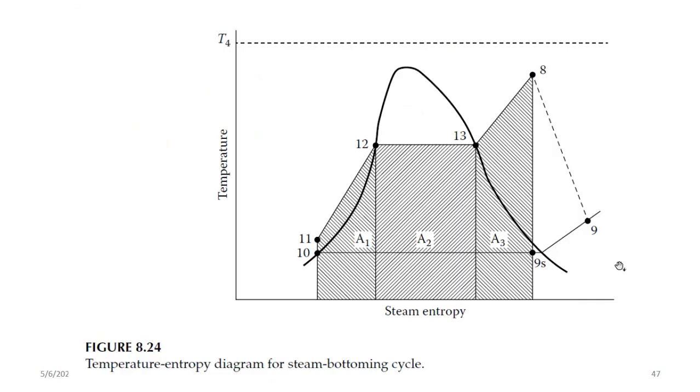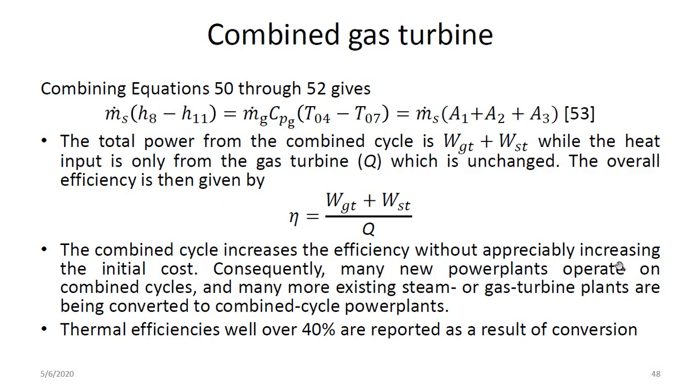Okay, so this is a steam entropy diagram, temperature against steam entropy diagram. So I'm not going to detail on this. This is purely mechanical engineering. All right, and you can combine the previous equations to get equation 53, and from here you can get the overall efficiency of a combined cycle.